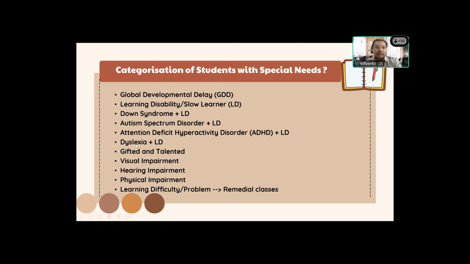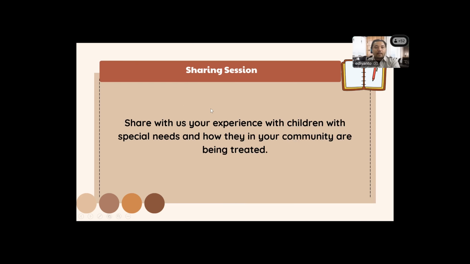Then dyslexia, and sometimes they also have learning disabilities. Another is gifted and talented. Then also visual impairment, hearing impairment, physical impairment, and learning difficulties. Learning difficulties are different from learning disabilities. So I want to focus this talk on hearing impairment.